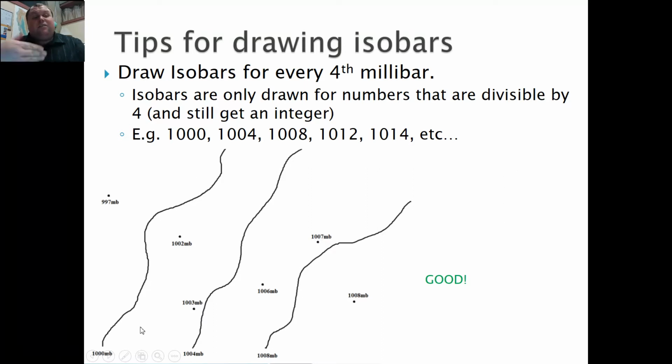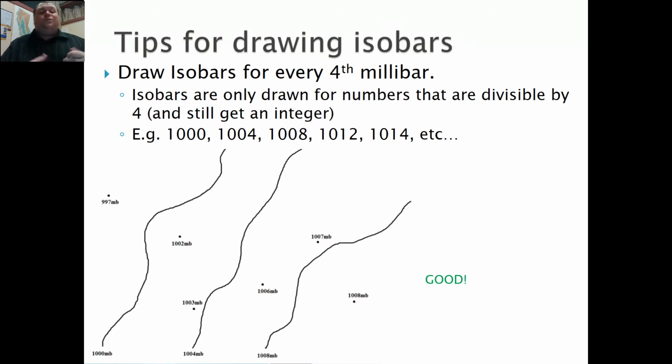Places closer to 1004 are likely to have values closer to 1004. Places right in between are likely going to have values right in between. So we only plot every fourth isobar because that's enough to work with and it makes the map look a lot less busy.